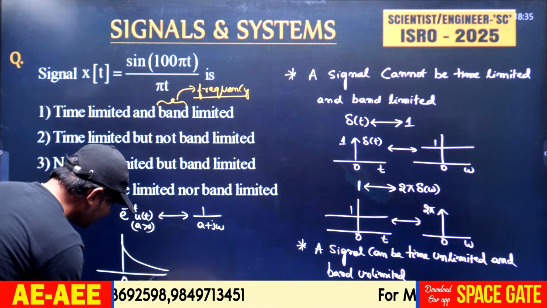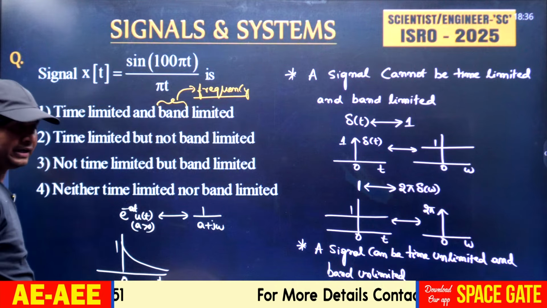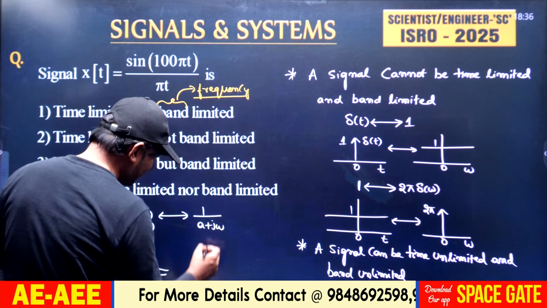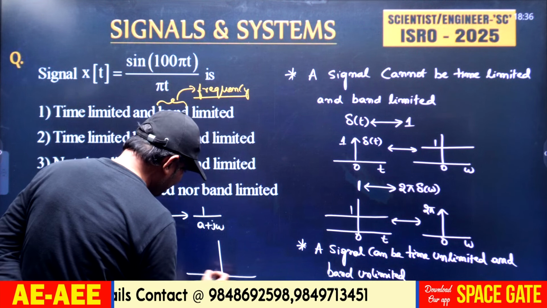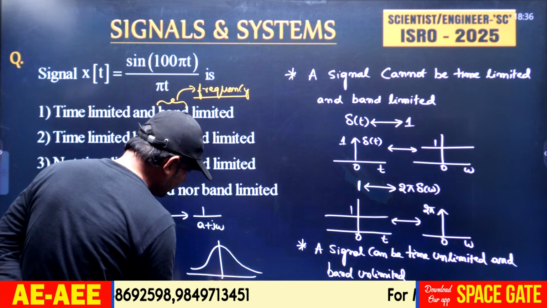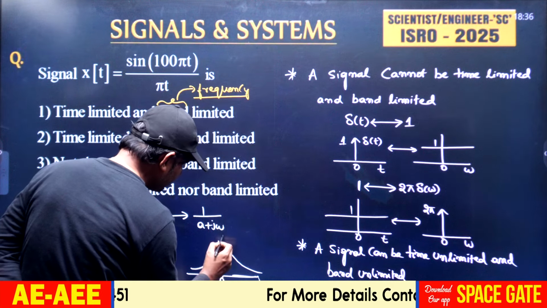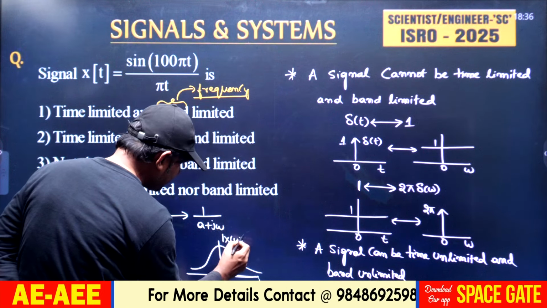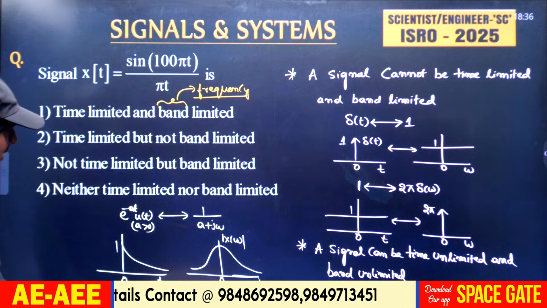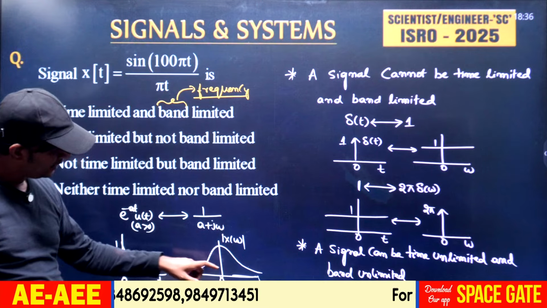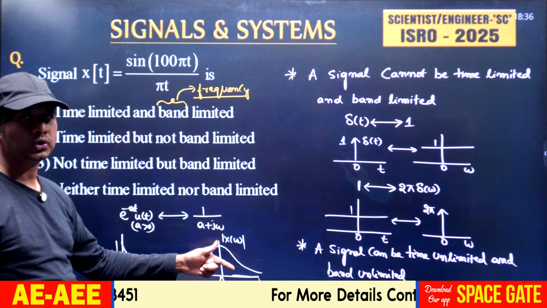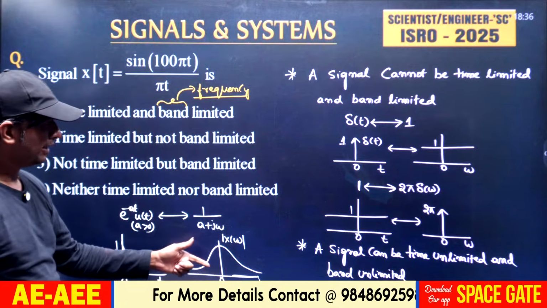This is the shape, unlimited in time. And if I take the magnitude of the Fourier transform, you will get this kind of shape. So what I can say is, this is time unlimited, and this is band unlimited also. So time unlimited, band unlimited.